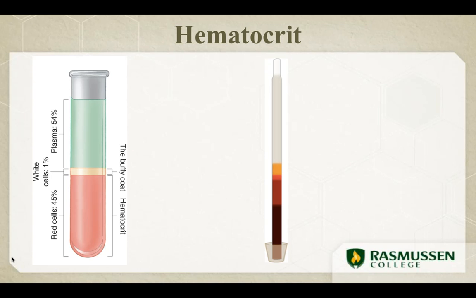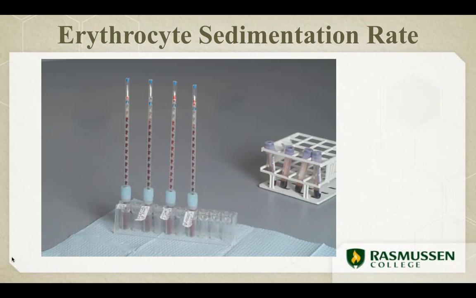All right, and the last one that we are going to talk about today is the erythrocyte sedimentation rate, also an ESR. Now, a hemoglobin and hematocrit are part of a CBC, or a complete blood count, but an ESR is not. You may hear it called an ESR, or you might hear it called a SED rate.